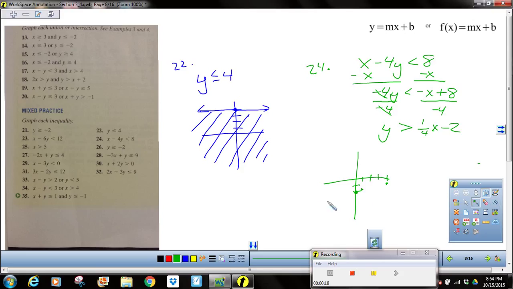I'm going to freehand it. Or a dashed line, as the book said. Y is on the large part of the symbol, so y is greater. It will be the region above. All right.